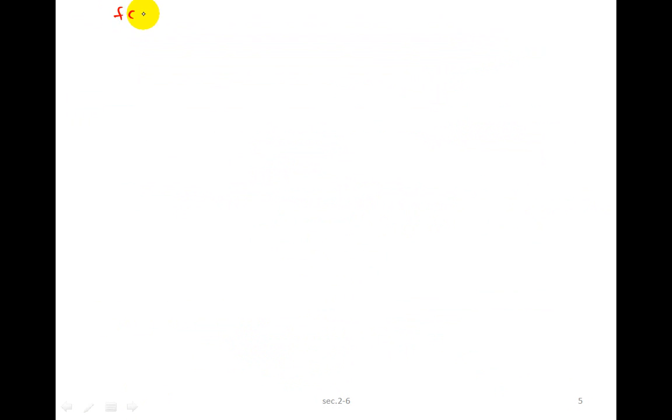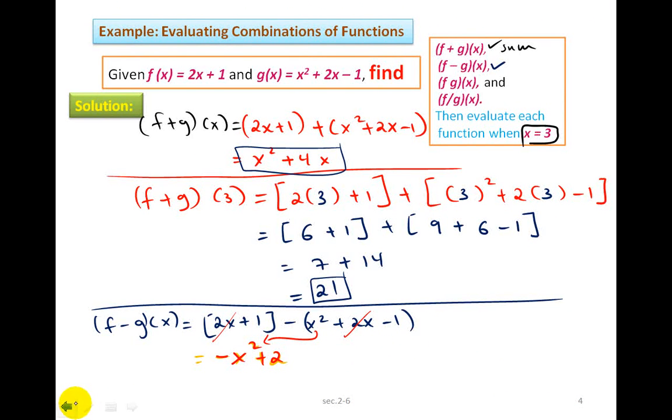I have to copy the question first. What's f of x and what's g of x?